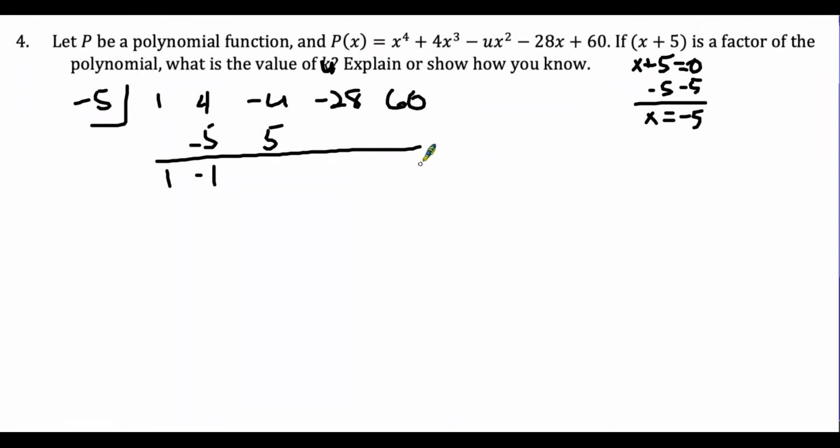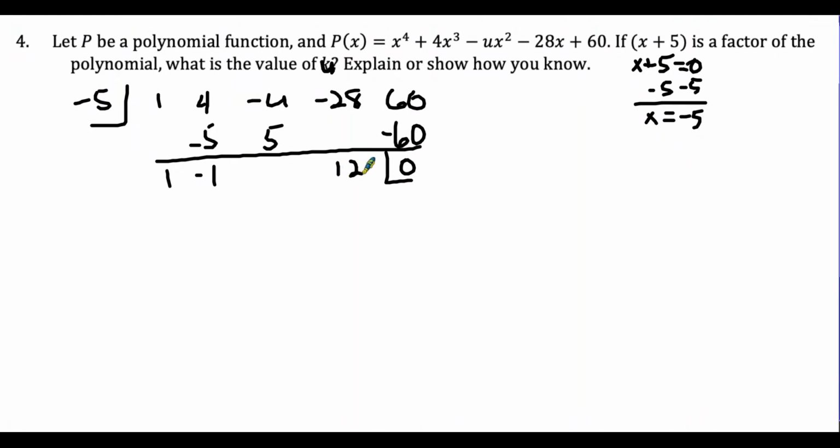Or I can come over here and start working backwards. Now, if I know that x plus 5 is a factor, I know that my remainder would have to be 0. That means that this value in my synthetic division would have to be -60. Well, then I can just think, well, -5 times what would get me -60?